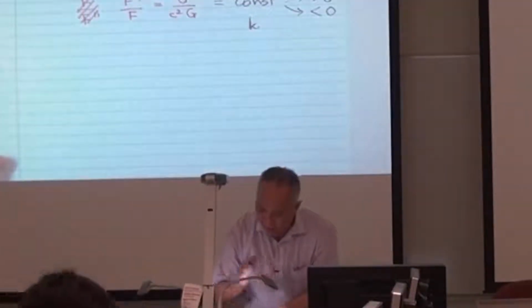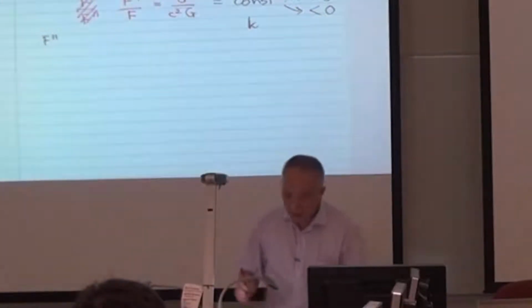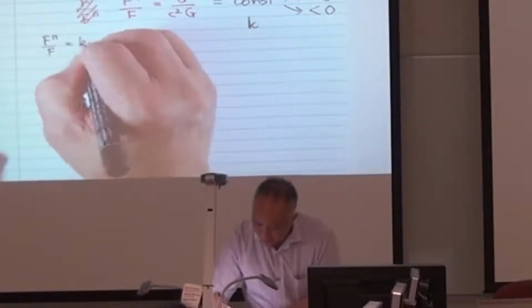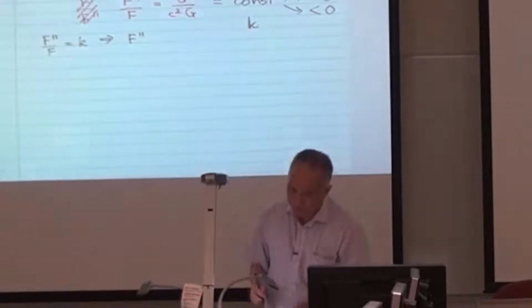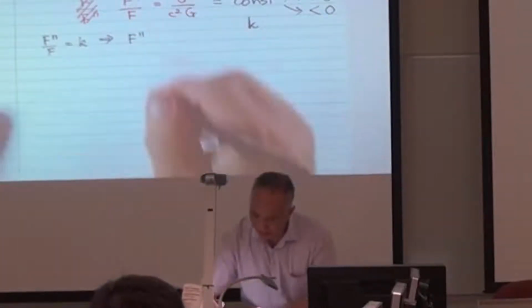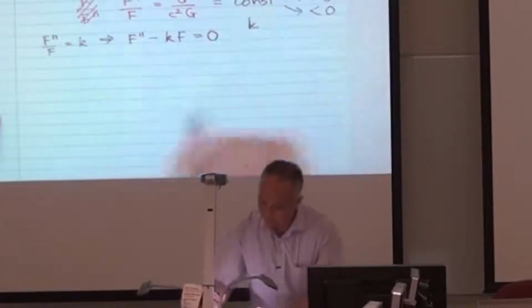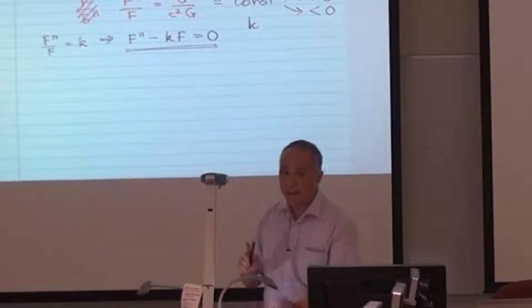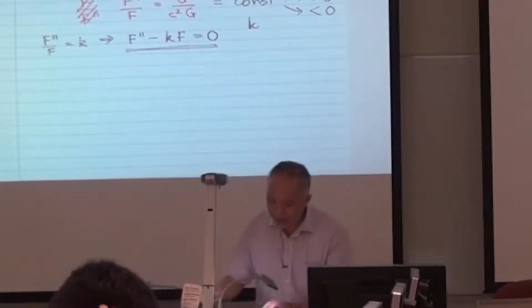So we will consider F double prime over F equals K. That means I have F double prime minus KF equals 0. So this is my second order ODE in x only. There are three cases.